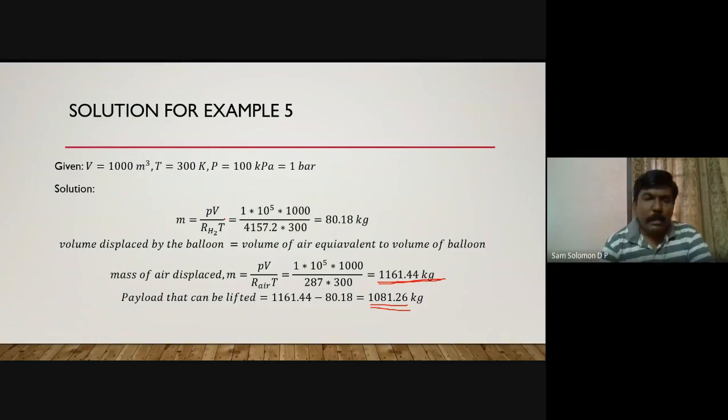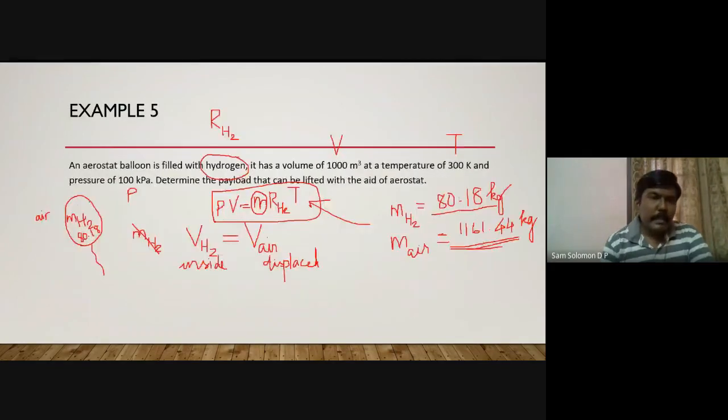If I go to the previous slide, the volume of the balloon is 1000 meter cube. For 1000 meter cube volume of the balloon, if I use hydrogen, the mass of hydrogen that can be accommodated inside the balloon is only 80.18, and it will be able to displace only 80.18 kilogram of air. But if I use air, for a volume of 1000 meter cube, the balloon will be able to displace 1161.44.